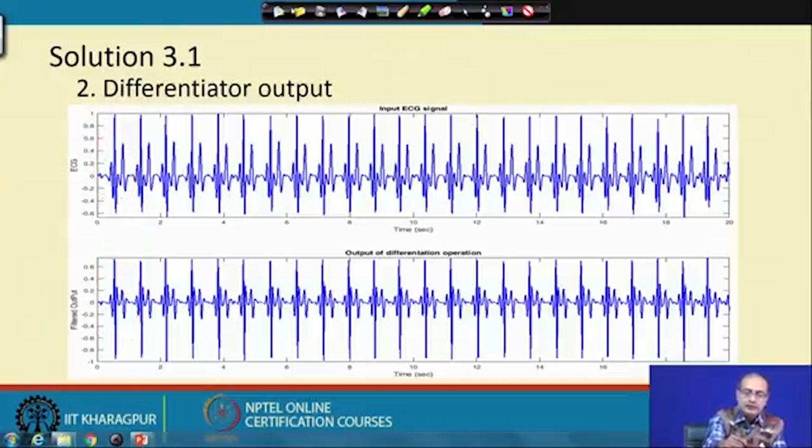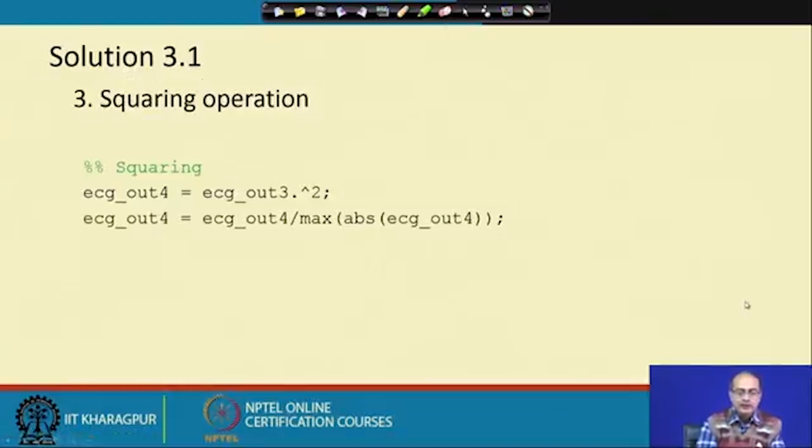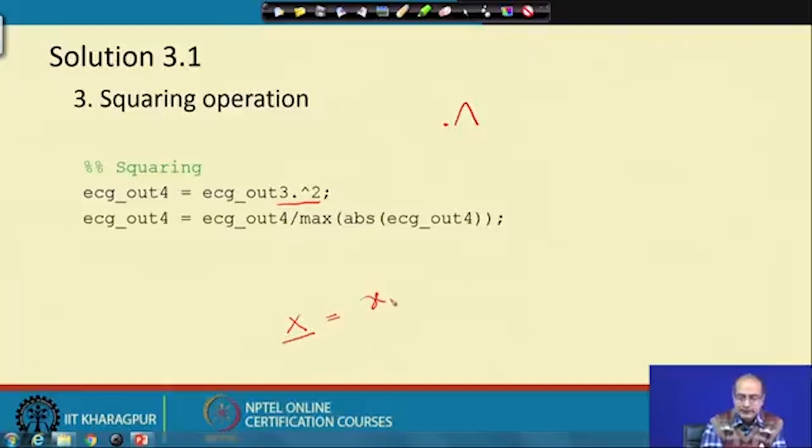So, to avoid that, we go for the next step, the squaring operation, and for the squaring we are using this command, dot hat. The meaning of it is that if we have a signal, say x, with values x1, x2, dot dot dot xn. Okay. Here we have shown a row vector, it could be a column vector also.